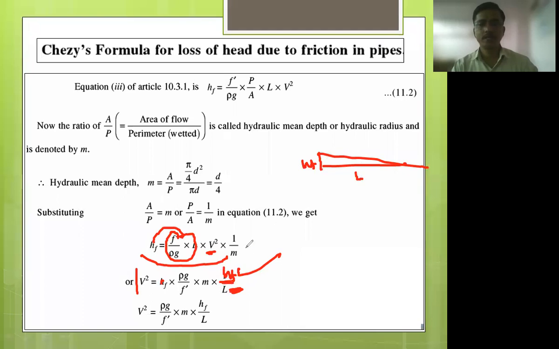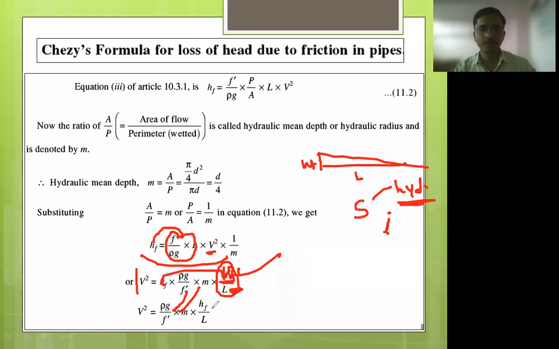Instead of this hf upon l, I can write S. So this is the hydraulic gradient. Some authors use the letter I, S or I. So v square is equal to rho g upon f dash, this part as it is, and after rearrangement of this f we get it like this.